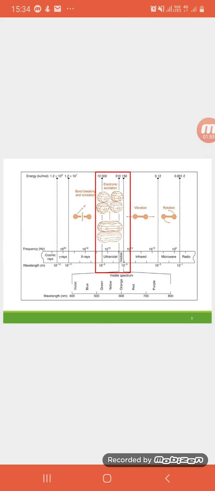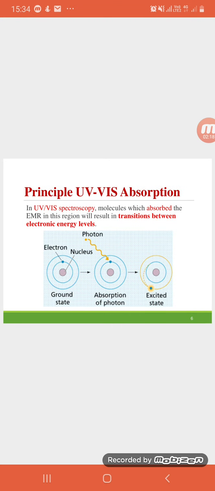As the energy for ultraviolet and visible radiation is higher, besides the electronic transition, the vibrational transition and vibrational rotation will also occur in the ultraviolet visible radiation absorption.